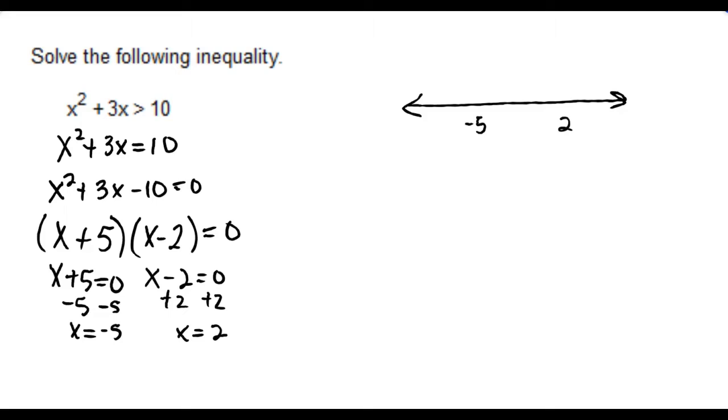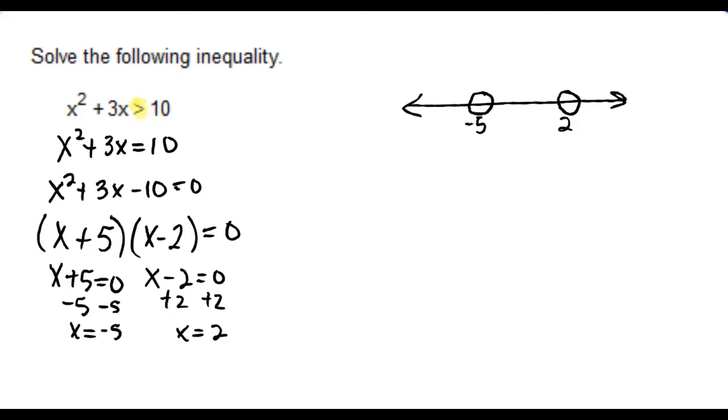Now since my inequality is a greater than, I'm going to mark those numbers on the number line with an open circle, because those values will make this expression equal to 0, and we're looking for it to be greater than 0.